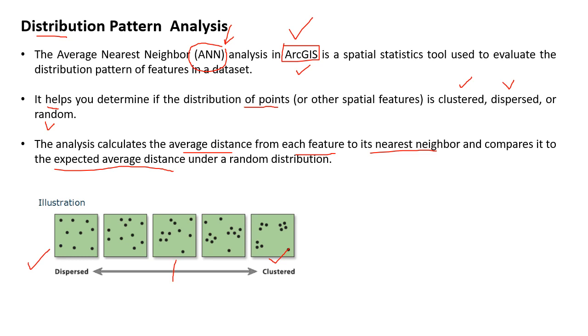Generally, if the pattern is clustered, then in most cases research starts. Why? Because there will be a reason for the clustering, and that reason you have to search for and find.